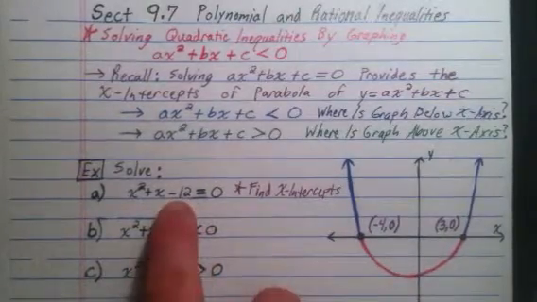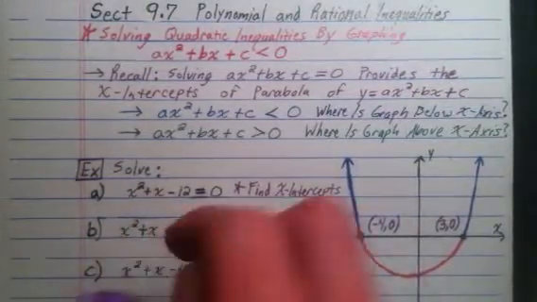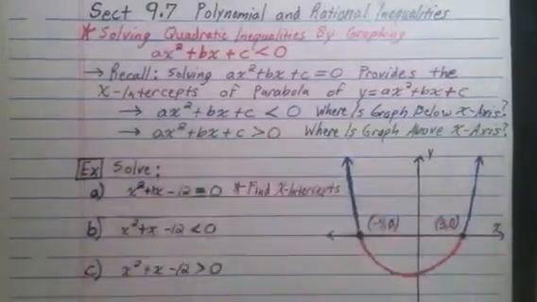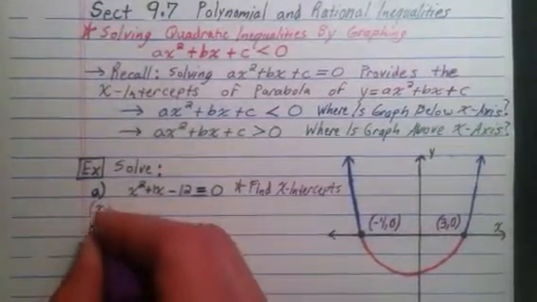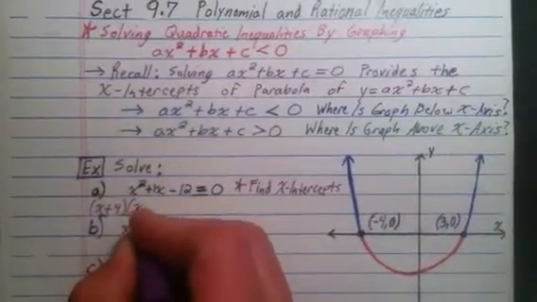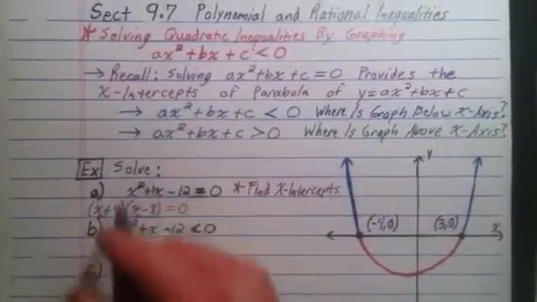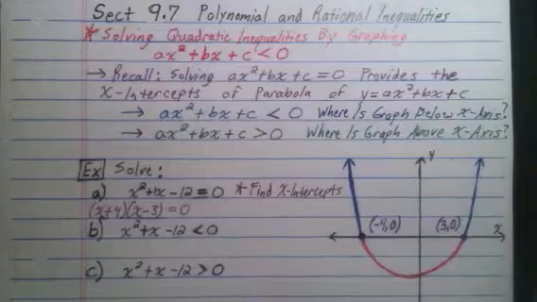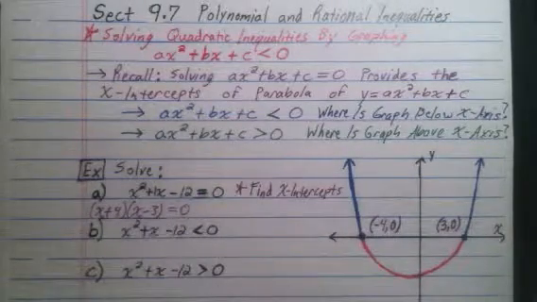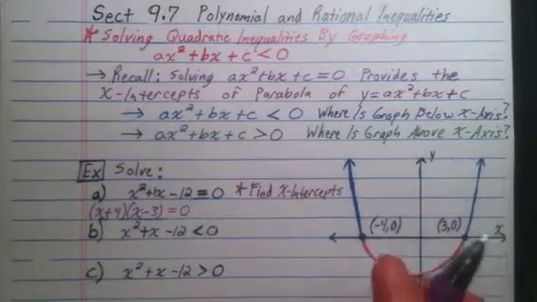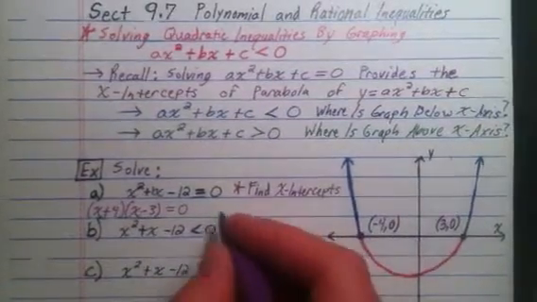We'd be looking for two numbers that multiply to give us negative 12 and add to give us a 1 there. So that would factor into x plus 4 and x minus 3 equals 0. 4 times negative 3 gives you negative 12. 4 plus negative 3 gives you 1. So that then tells us our x-intercepts.